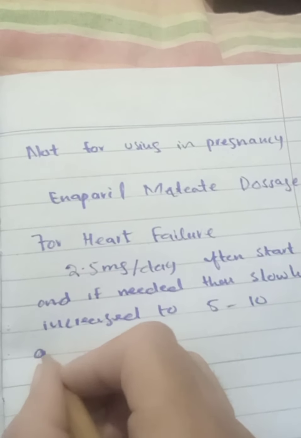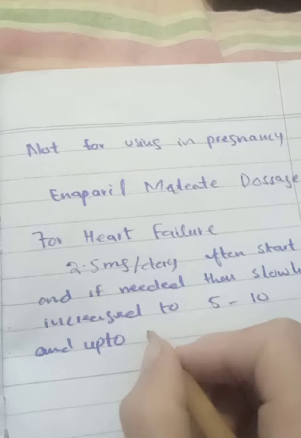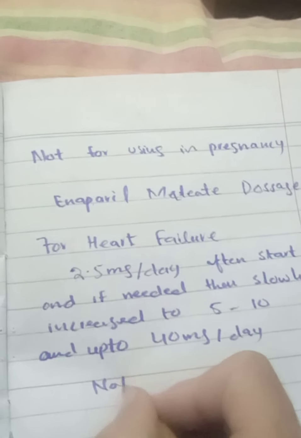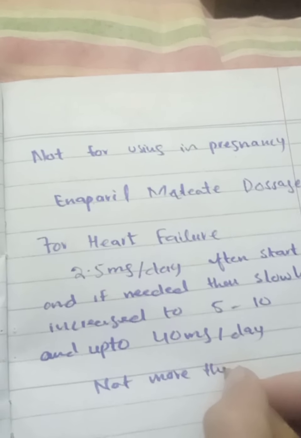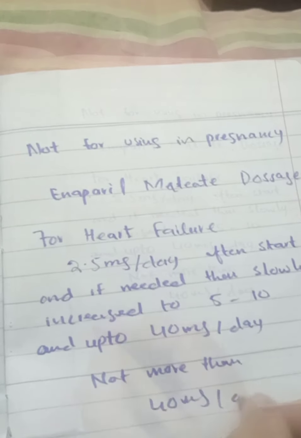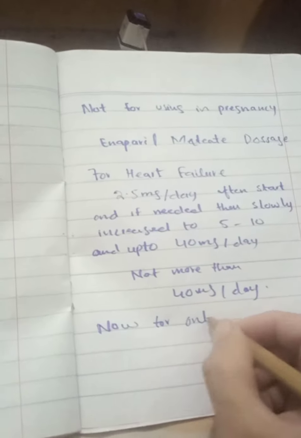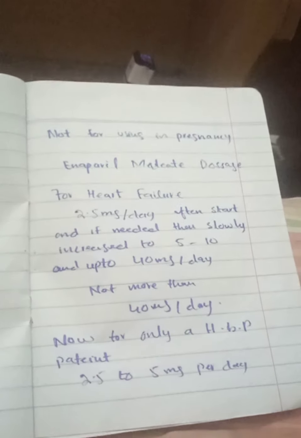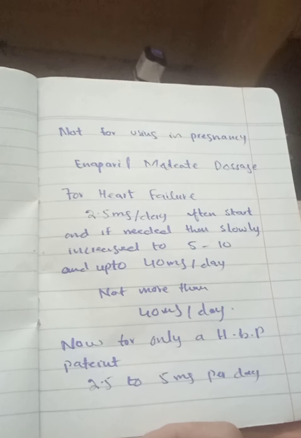Now, if you are on 40 mg, you can split it into 20 mg. You can take 20 mg in the morning and 20 mg at night. Your healthcare provider will help you determine that, but not more than 40 mg per day.